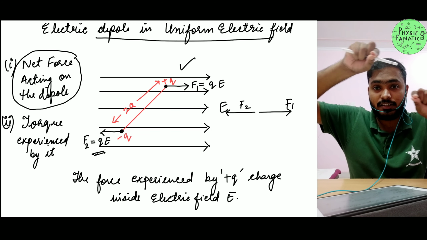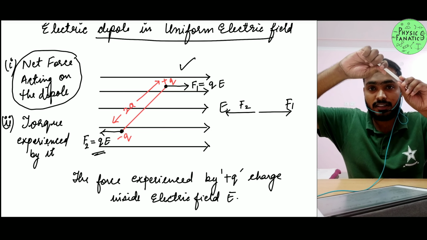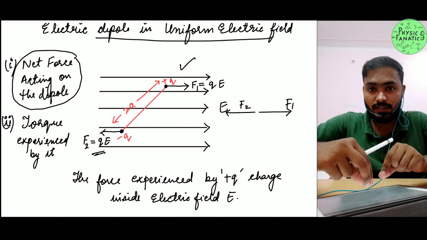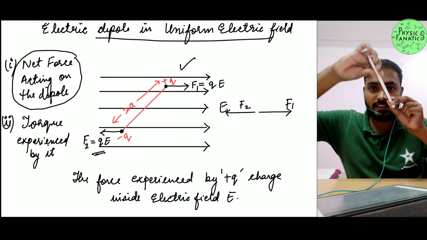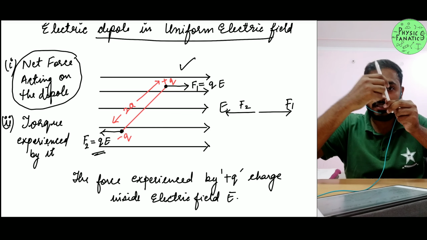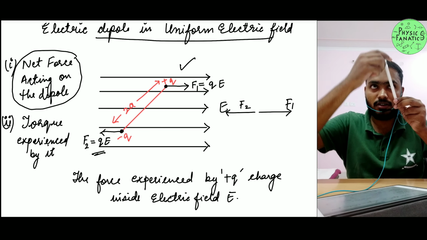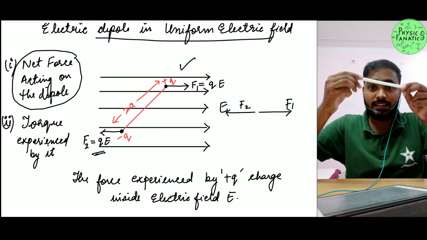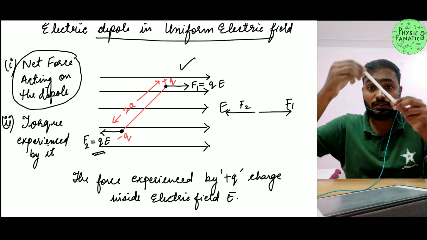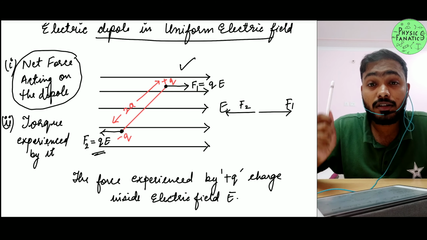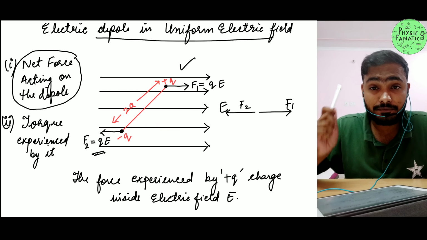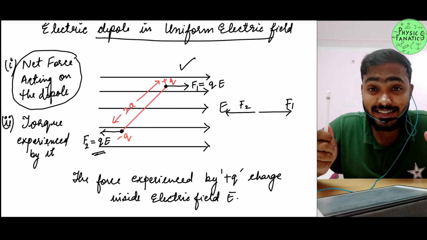Will the dipole move? You can see this is the dipole. One force is in this direction, one force is in this direction. So because of this couple of forces, the dipole is supposed to move. There will be a torque on the dipole. I hope you can visualize that.